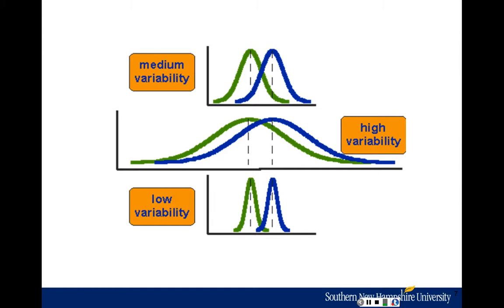So let's just say the green group got one kind of condition and the blue group got another kind of condition. So maybe we could just take that scenario we just talked about of the test taking in the quiet room versus the noisy room. So let's just say the green curve was the noisy room and the blue curve was the quiet room. And there is a mean difference being presented here.